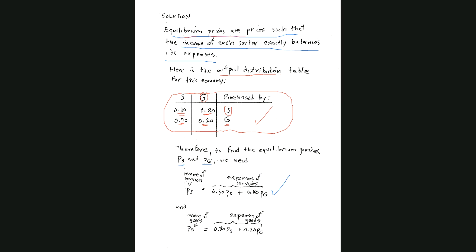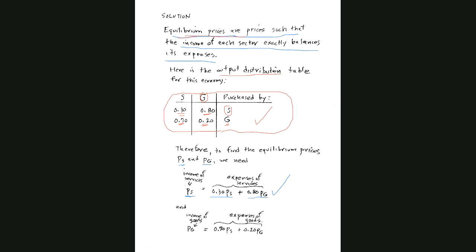The income of the services has to match their expenses. So if P sub S is the income for the service sector, that's going to have to be equal to 0.30 times the income for the services plus 0.80 times the income of the goods.